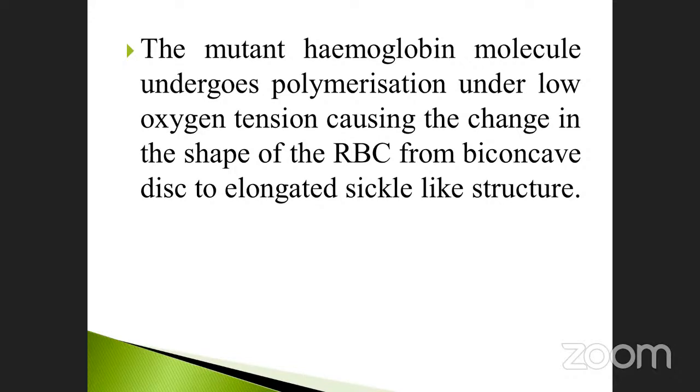As a result, it will not carry oxygen properly from the lungs to the target places. That condition is called sickle cell anemia. It is an autosomal recessive disorder of a single pair of genes.